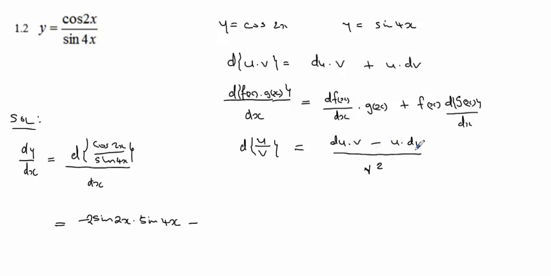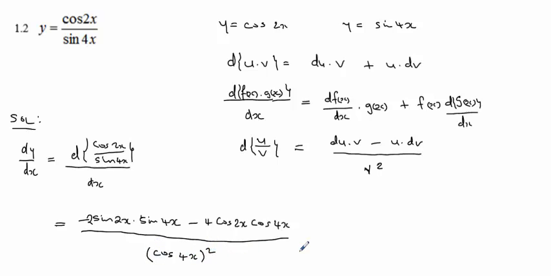Then in this case we're differentiating the denominator, and the derivative is cosine multiplied by 4, which is the derivative of the argument there. So what we're going to have here is 4 cosine 2x, which is our u, multiplied by the derivative of v, which is cosine 4x multiplied by 4, all over cosine 4x squared.